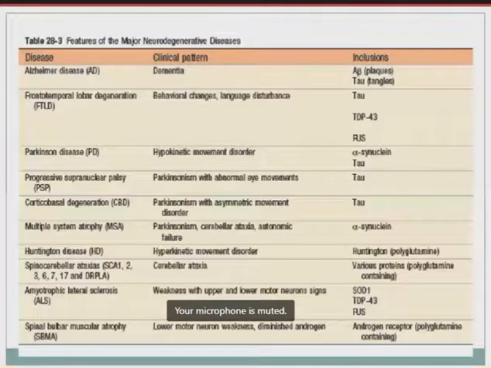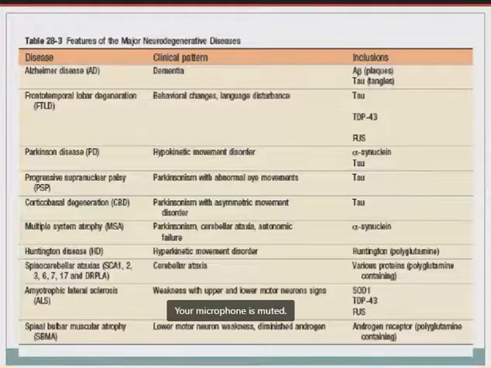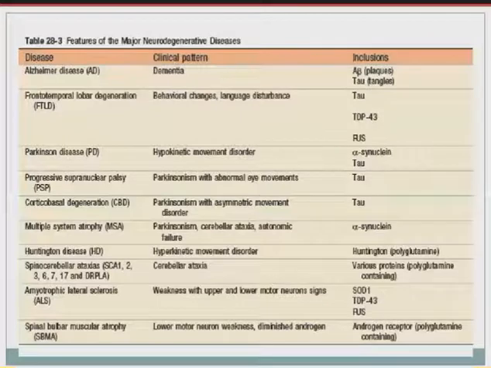In amyotrophic lateral sclerosis, the patient may have weakness with upper and lower motor neuron features. In spinal bulbar muscular atrophy, you may have lower motor neuron weakness. So these are basically some neurodegenerative disorders, but we will be focusing on Alzheimer's disease and Parkinson's disease.